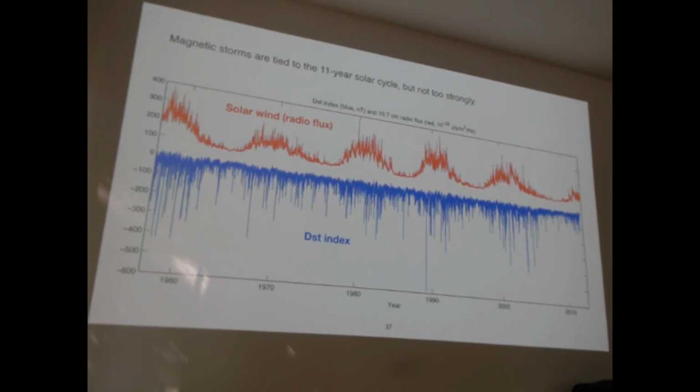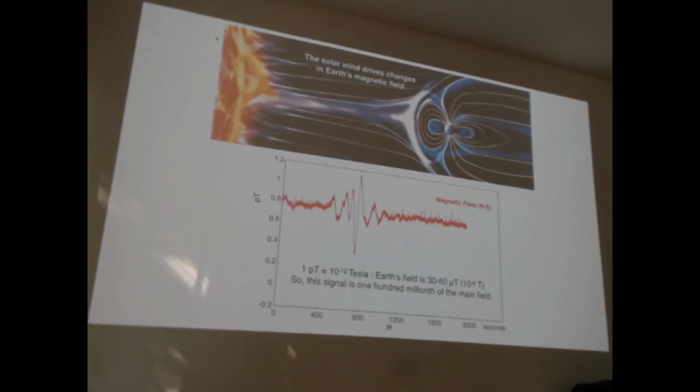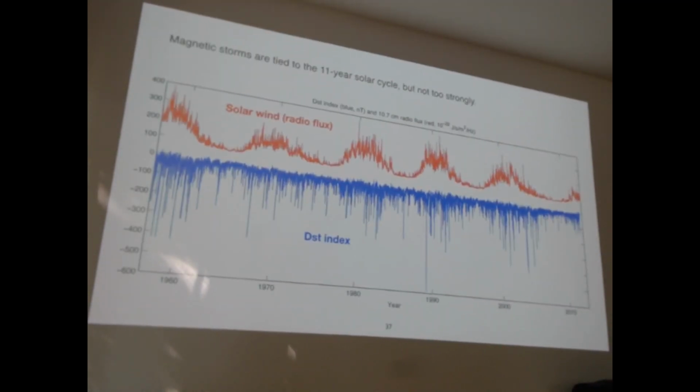So these magnetic storms are tied to the sunspot cycle. The sun's magnetic field reverses every 11 years, which creates a modulation of the sunspots and the solar activity. So this is the solar output measured by the 10.7 centimeter radio frequencies.